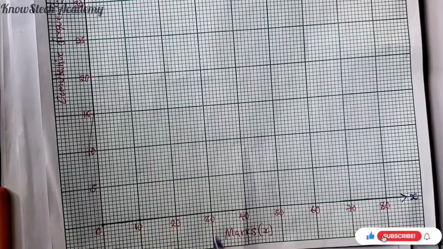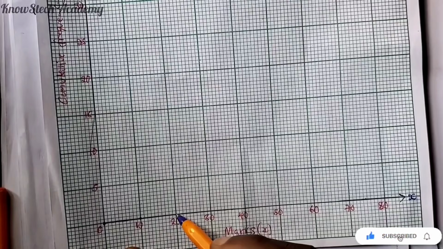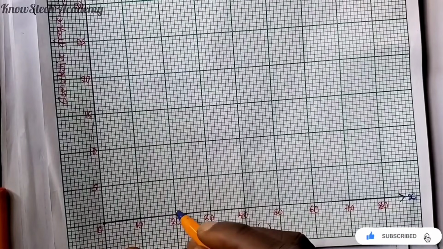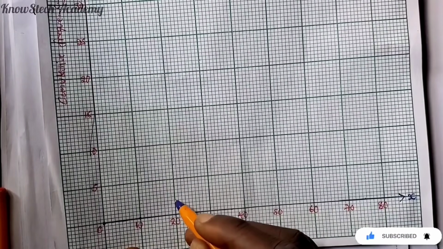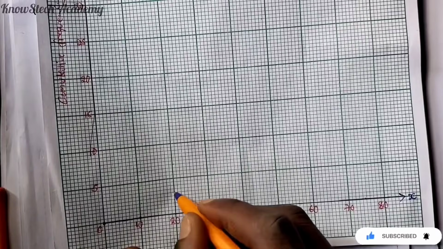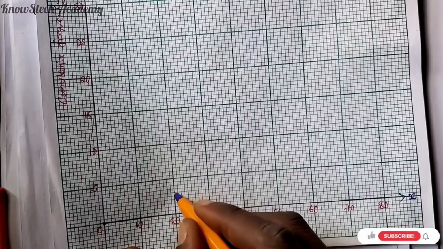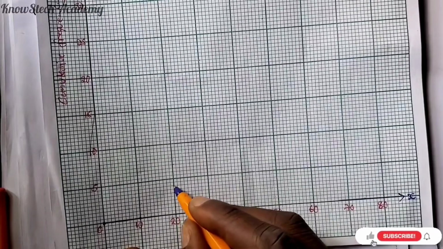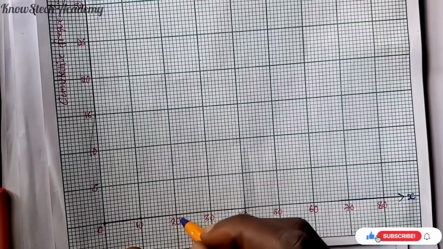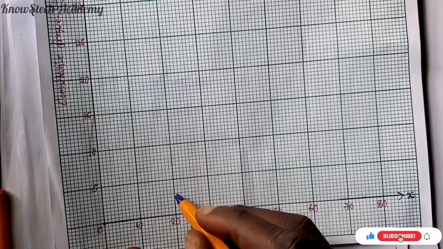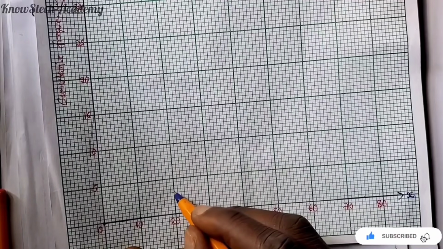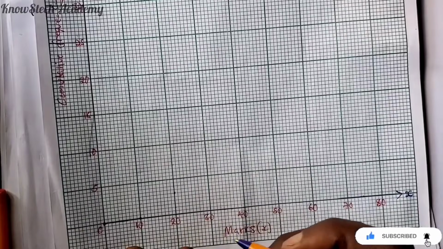So here 2 boxes is 1. So 1, 2, 3. So 3 is here. Let's prove it's going to be 5: 4, 5. So 20, 3 is here.